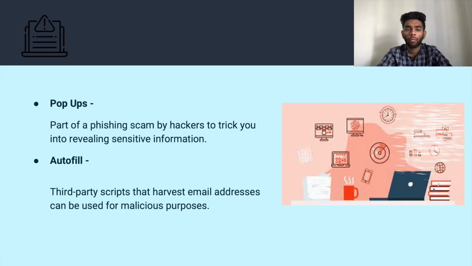We also need to avoid pop-ups and autofill on the web servers we are using. Pop-ups are part of phishing scams by hackers to trick you into revealing sensitive information. Autofill: third-party scripts that harvest email addresses can be used for malicious purposes by hackers.